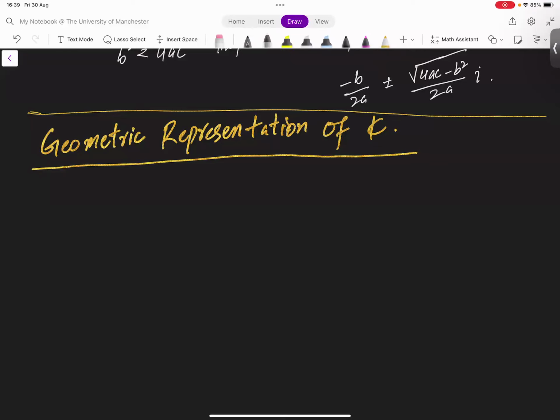Now, this is done in a natural way. The complex number a plus b iota is represented by the point in the plane with coordinates a comma b.